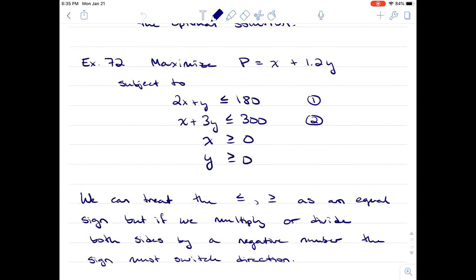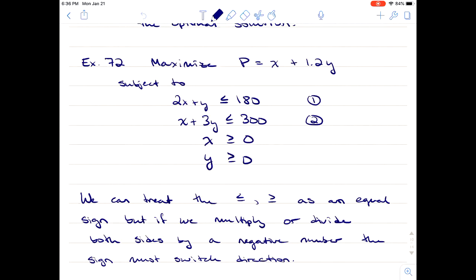Okay. And so there's steps to linear programming. First thing we're going to do is map out all these constraints on one graph, right? That's why we had to learn how to draw a straight line, for example.